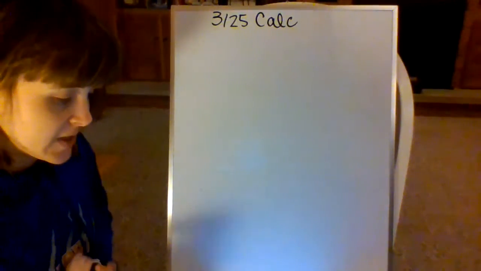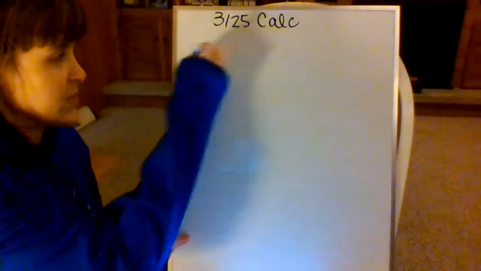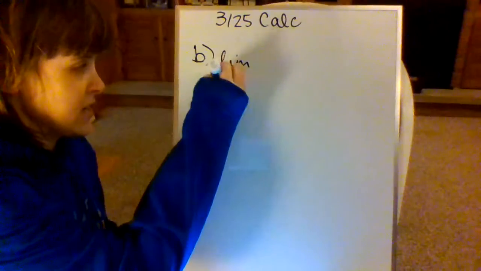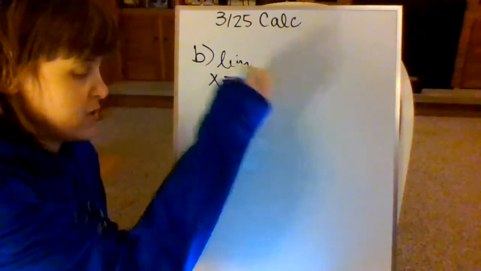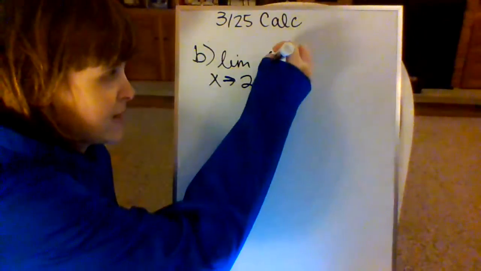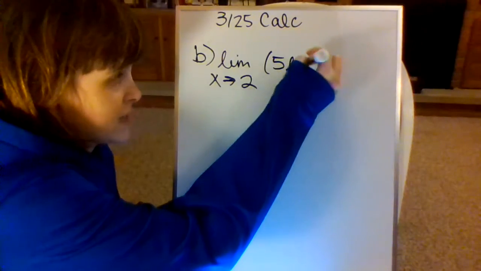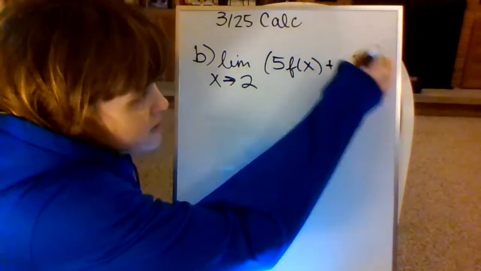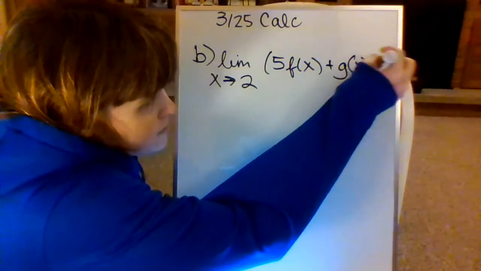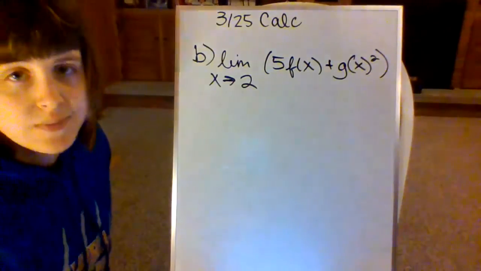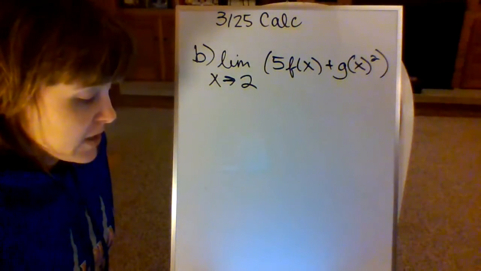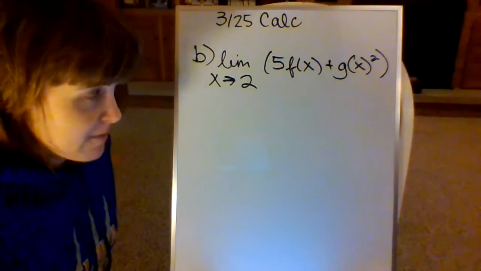Okay, next one, this is still example 2, part B. Find the limit as x approaches 2 of 5 times f of x plus g of x squared. If you look back at your notes, the limit as x approaches 2 of f of x is 2.